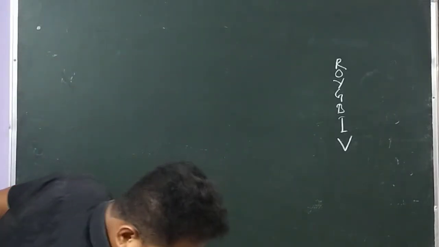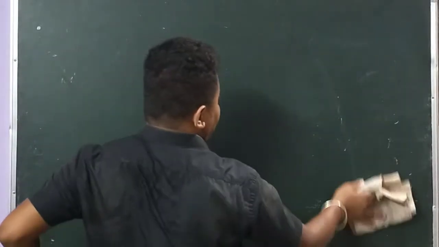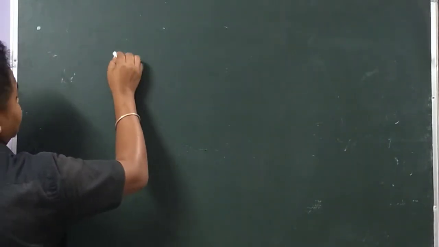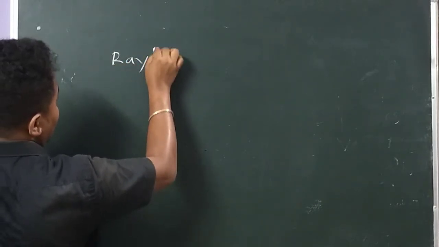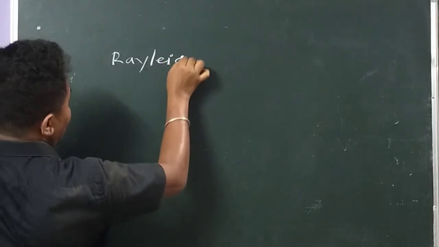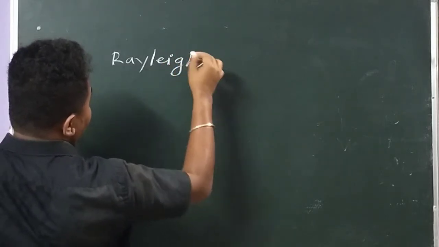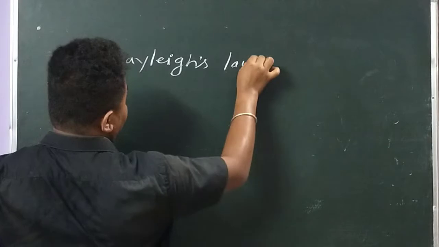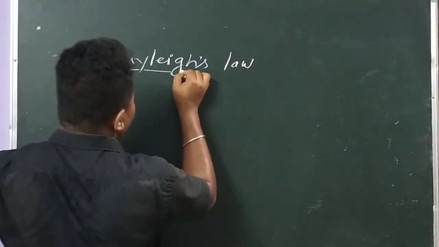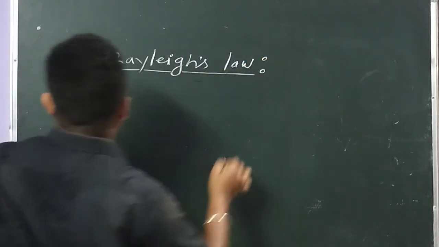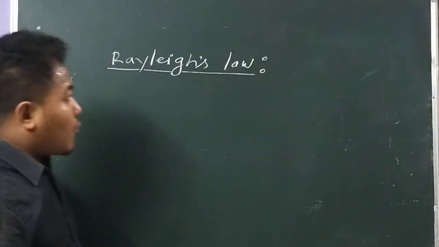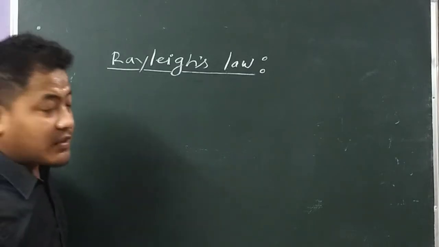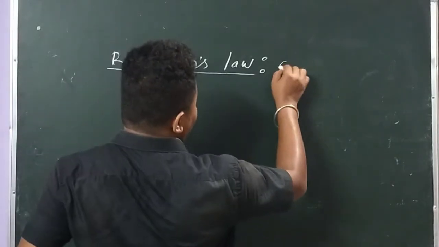You can write down Rayleigh's law. By this law we can understand the intensity of scattered light.